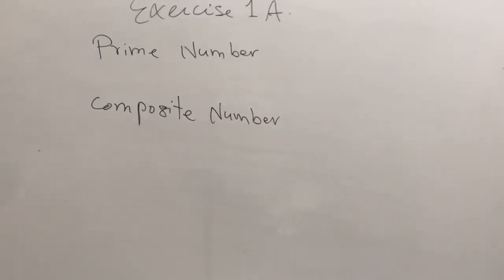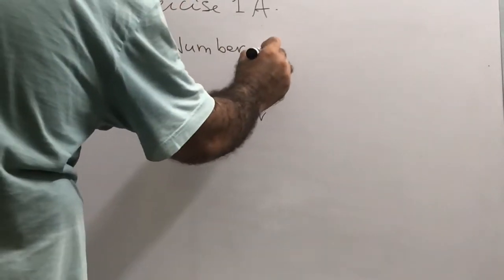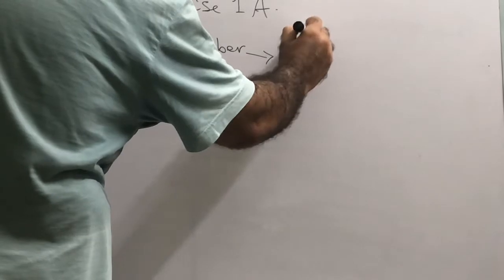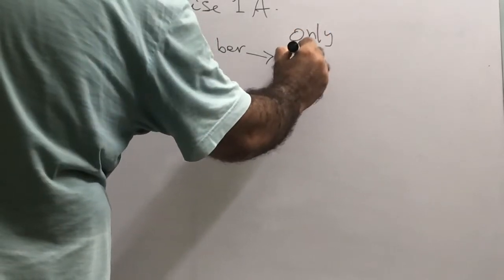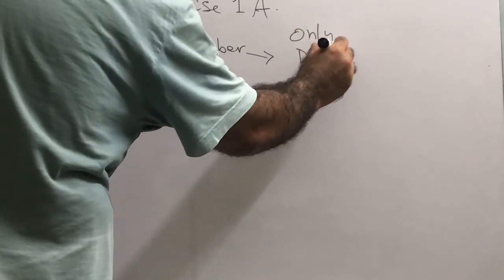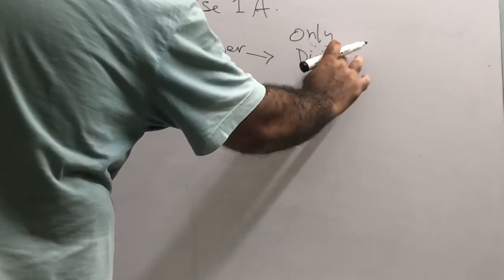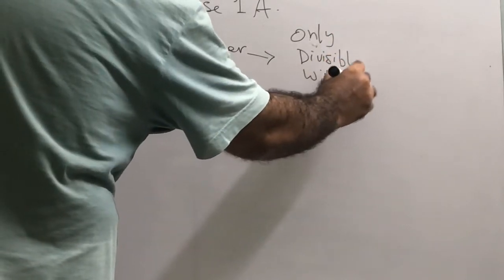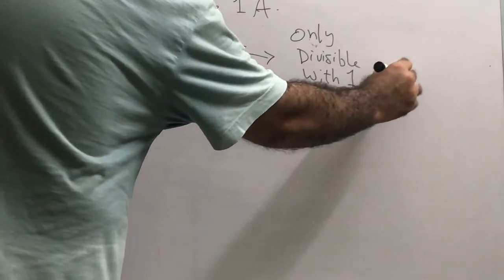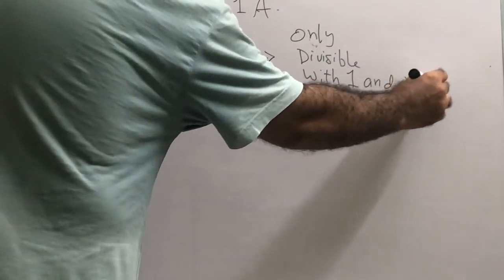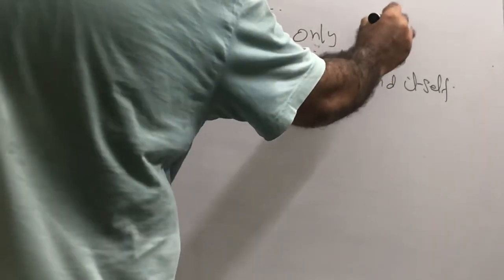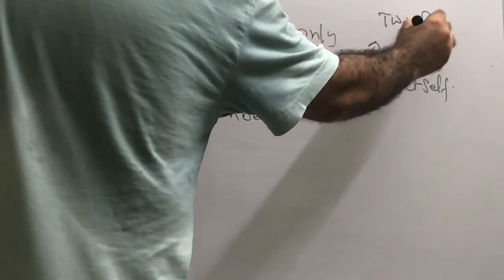A prime number is that number which is only divisible by 1 and itself. It means that it has only two factors.